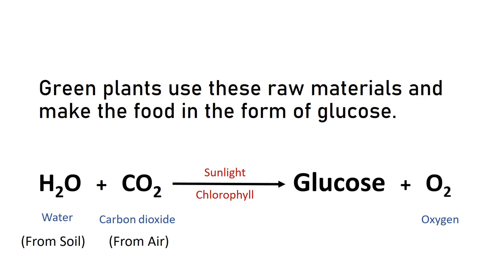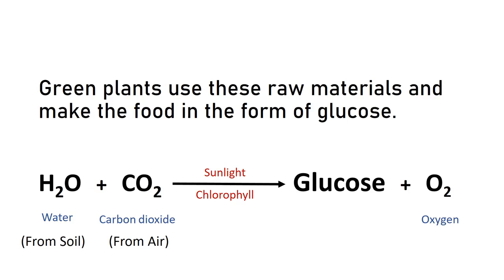Water, that is H2O, plus carbon dioxide, which is CO2. In the presence of sunlight, chlorophyll gives food. We all know in plants the food is prepared in the form of glucose and oxygen is released out.